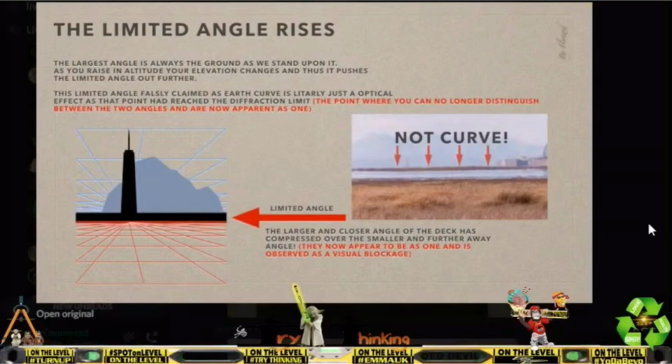So that point where the limit of the viewing point due to the angle is compressed and becomes 1. That is now the larger angle which occults in front of the furthest smaller angle, and that's why they see it as curve. But it's just you magnifying the limited angle due to your observation angle.